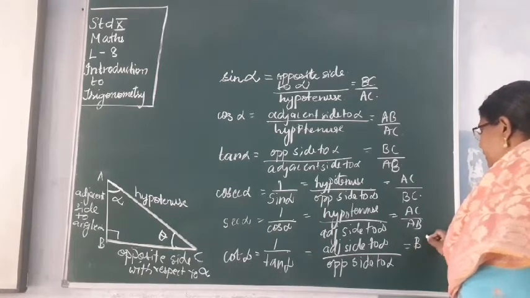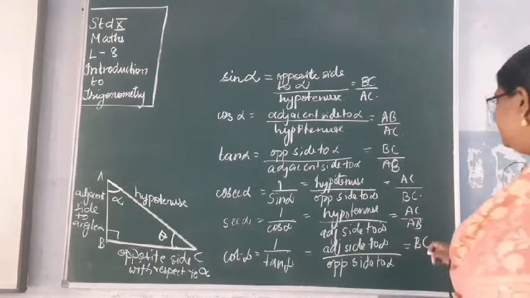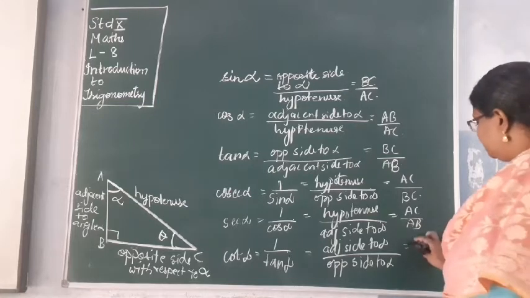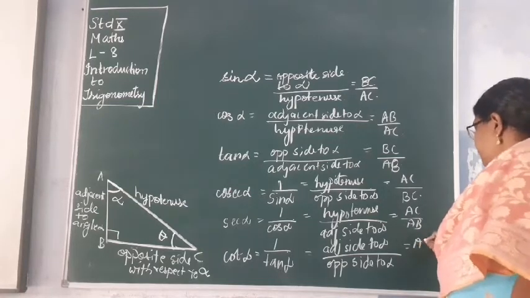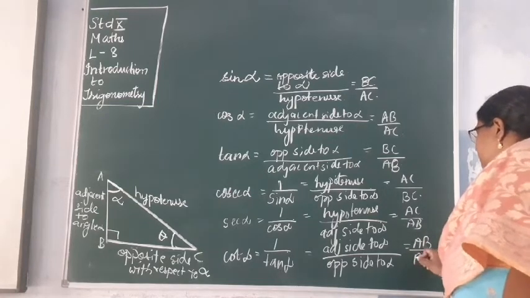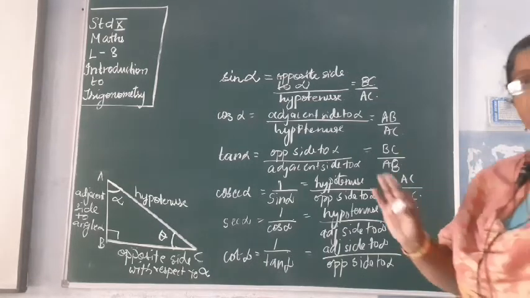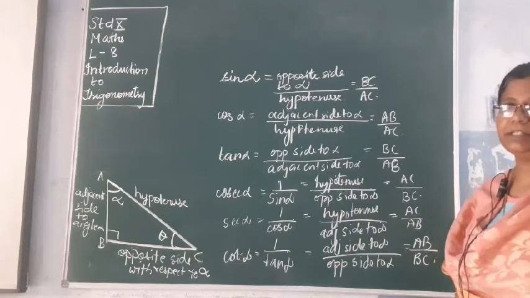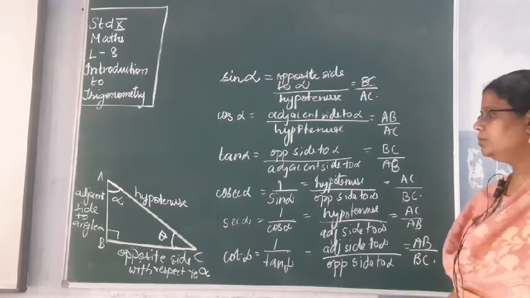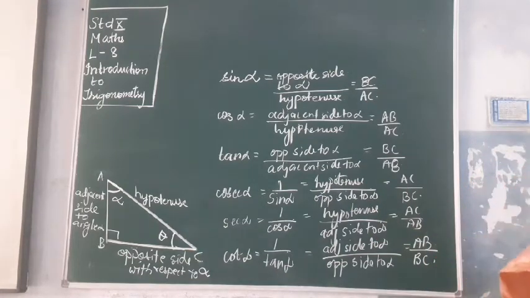Adjacent side with respect to alpha is AB, so AB upon BC. तो ये इतना तुमको लिखना आ गया, then you are able to do the numericals. ठीक है, so please copy down this also.